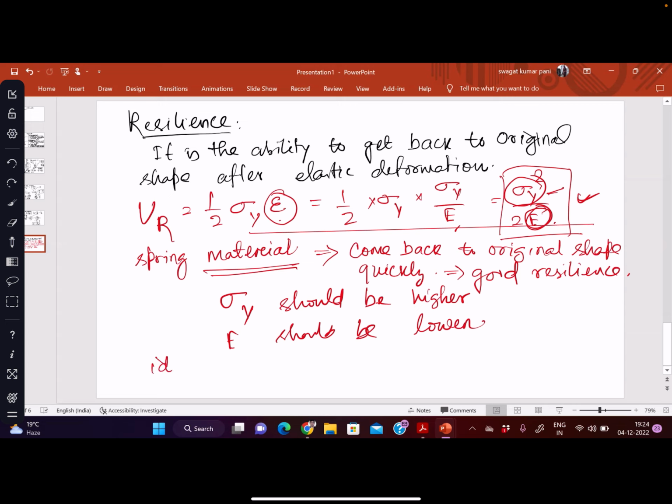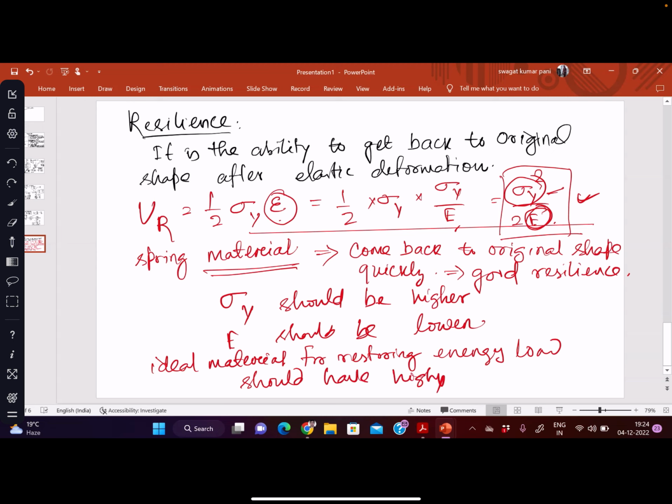So the ideal material for restoring energy load should have high yield strength and low elastic modulus.